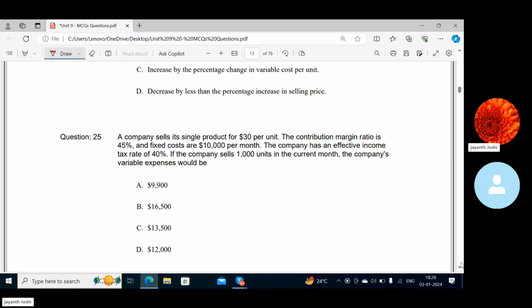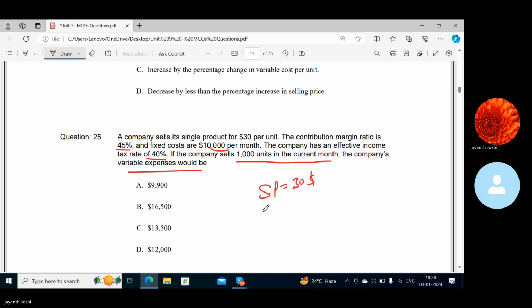Company sells its single product for $30 per unit. Contribution margin ratio is 45%. Fixed cost is 10,000 per month. Company has an effective income tax rate of 40%. Company sells 1,000 units in the current month. The company's variable expenses would be what? So selling price is $30.